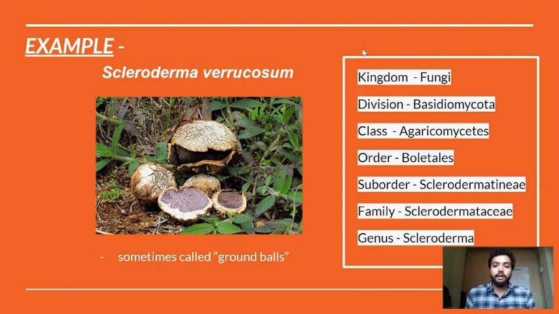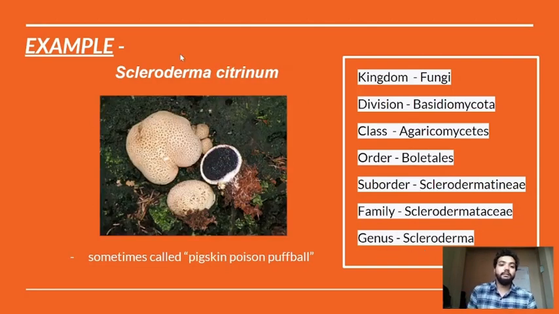Now the taxonomic classification of this example is: kingdom fungi, division Basidiomycota, class Agaricomycetes, order Boletales, suborder Sclerodermatineae, family Sclerodermataceae, genus Scleroderma. The next example is Scleroderma citrinum.